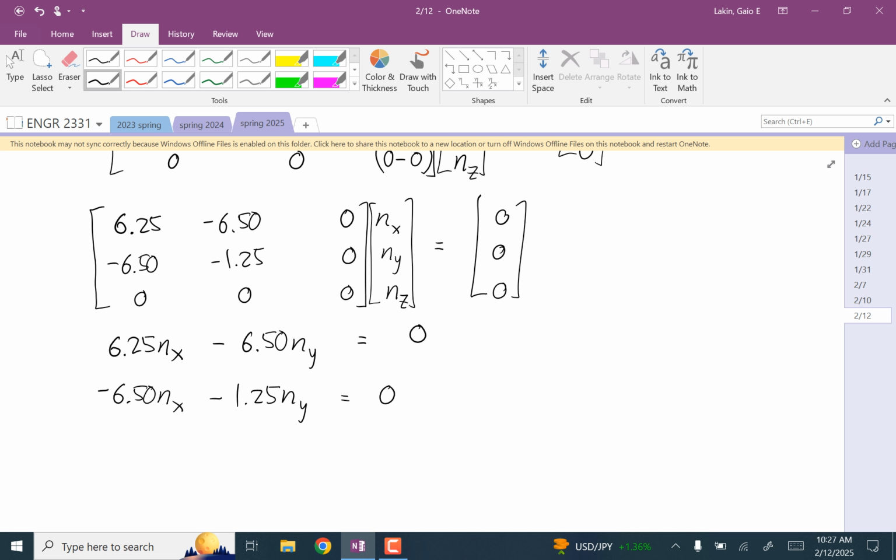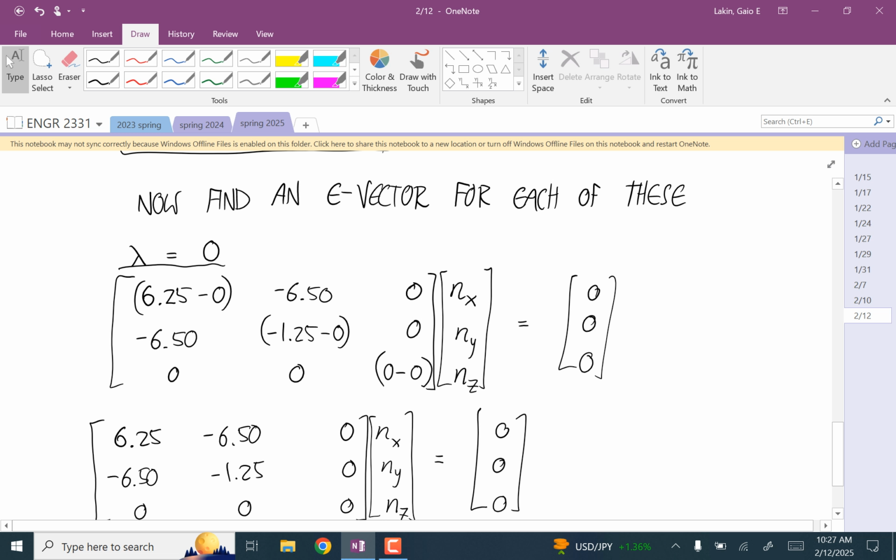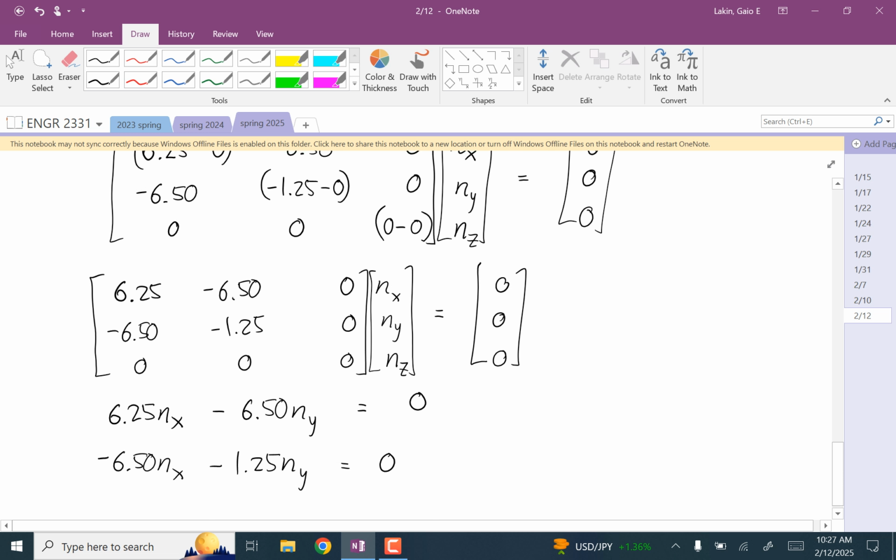Because we don't see nz, we assume that that one is our 0 root. Or how does this work? I think it's the z component of that eigenvector. For each one we're taking the roots one at a time, starting with 0, and plugging that in for lambda in the equation, and then finding values that work for these.